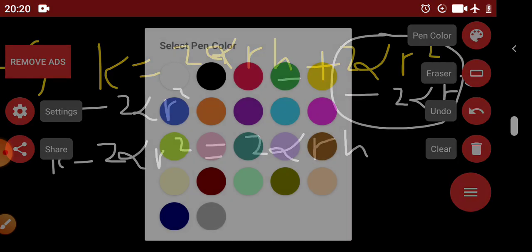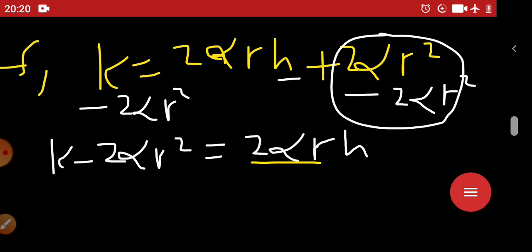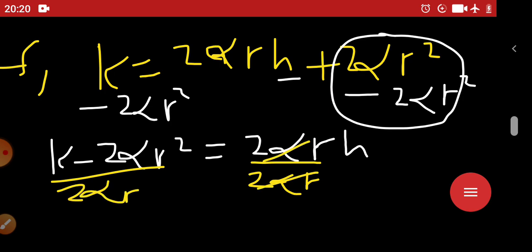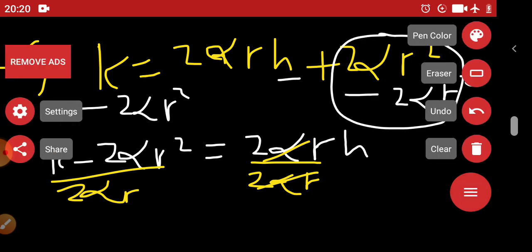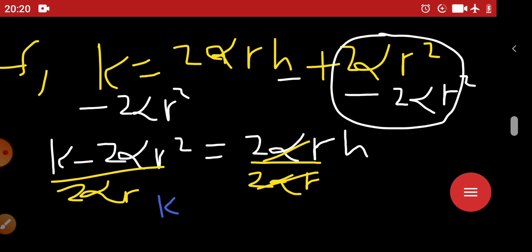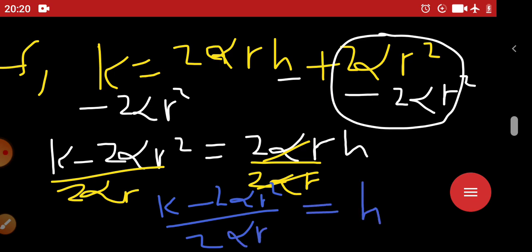We want H to be alone, so we remove this term. So we divide both sides by 2 alpha R. We're going to have K minus 2 alpha R squared over 2 alpha R is equal to H. So we've made H the subject of the formula, which is the same as transposing.